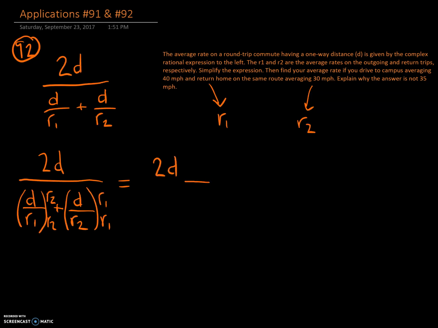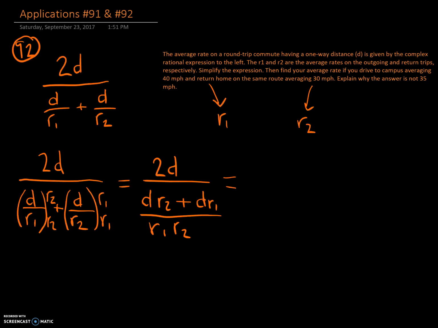So let's do that. 2d all over, and maybe you can do it quicker than I can, d r sub 2 plus, we have a d r sub 1 on the top. And on the bottom, we have r sub 1 times r sub 2.